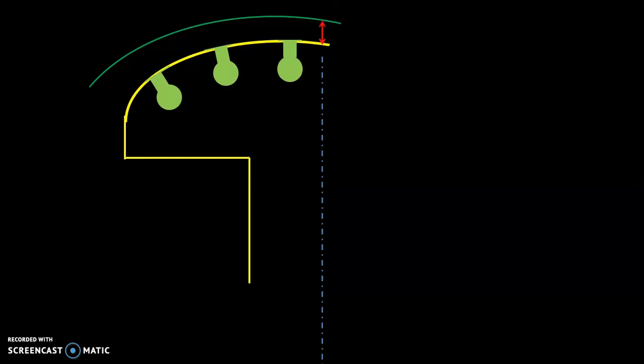At the center of the pole, we have minimum air gap, and that is LG. LG is the air gap length. And when we travel towards the tip of the pole, we have slightly increased air gap length, and that is known as LG dash.